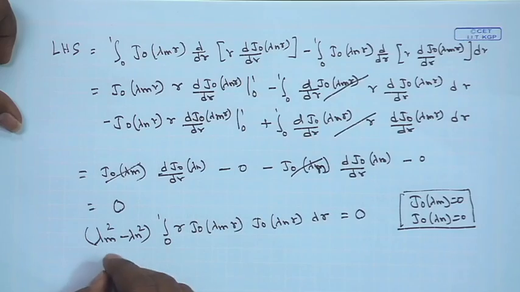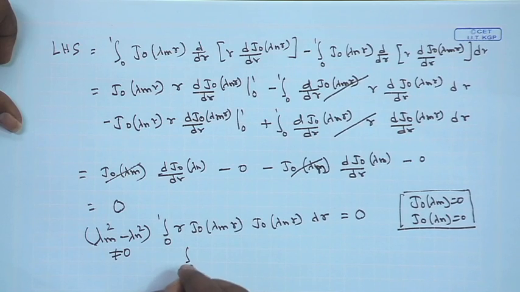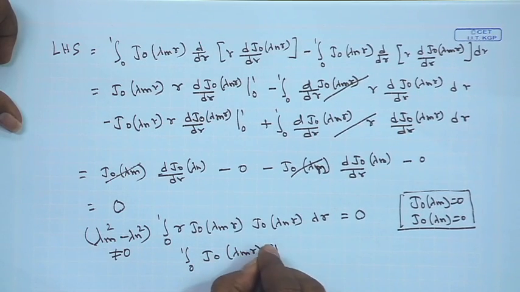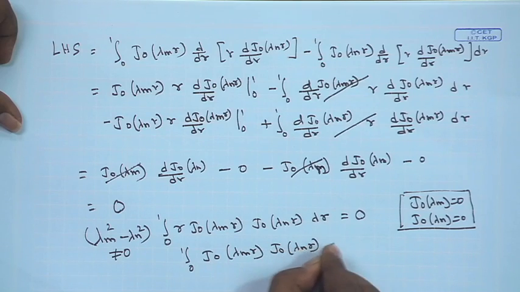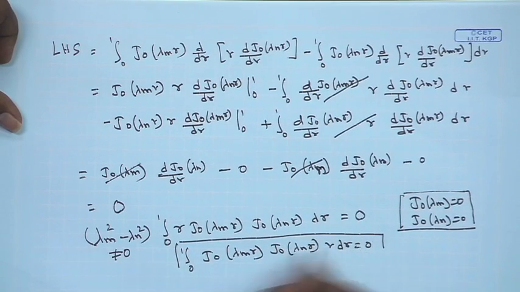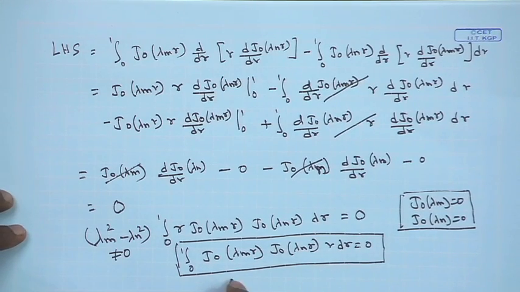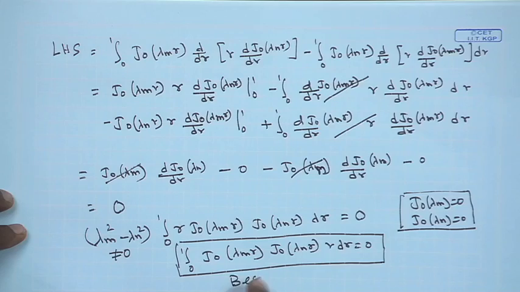So, the option left is that this integral is equal to 0. So, ∫₀¹ J₀(λₘr) J₀(λₙr) r dr will be equal to 0. That proves that the Bessel functions are orthogonal to each other with respect to the weight function r.